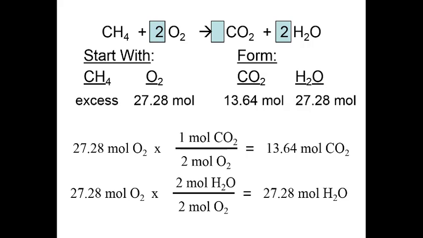We have solved the problem by first determining the limiting reactant and then calculating the amounts of product formed from the limiting reactant. Notice that since CH4 was in excess, the 13.78 moles of CH4 did not figure into the determination of the amounts of CO2 or H2O.